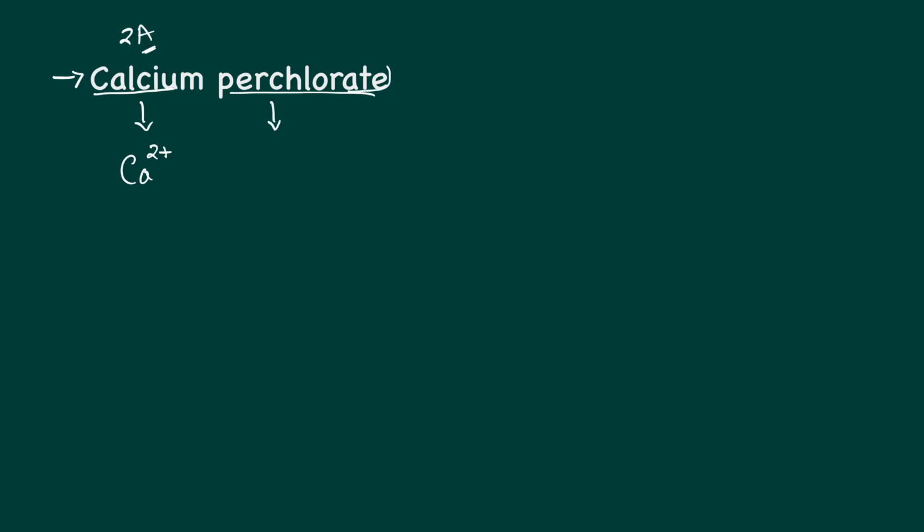It ends with ate, but it has this prefix per. We reviewed this in class, and from your list of the base ions, you should be able to figure out that chlorate is ClO3, 1 negative, but the fact that you have per means that it has 1 extra oxygen, and so your perchlorate ion becomes ClO4, 1 negative.